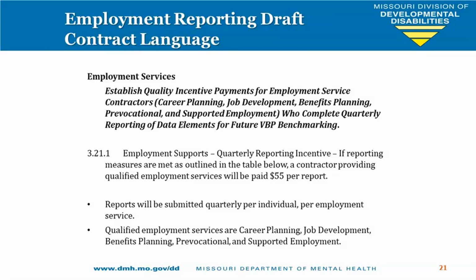On this slide, we're identifying that the language in the contract specifies that this particular value-based payment is eligible for contracted employment service providers as a quality payment for completing quarterly reporting of data elements for future value-based payment benchmarking. It clarifies that the quarterly reporting incentive is $55 per report that is completed. Again, you can complete multiple reports if the individual has received multiple services within that quarter.